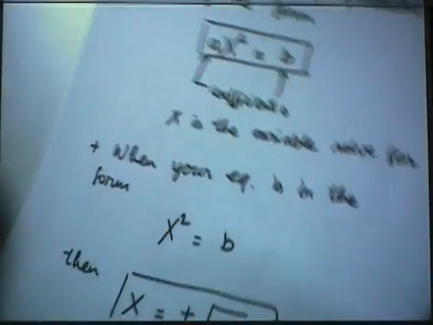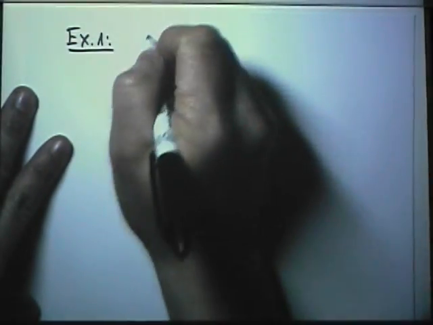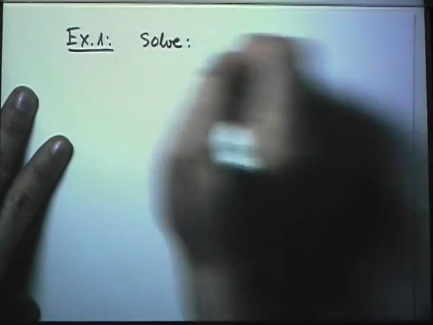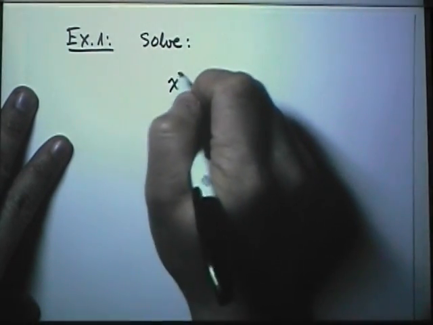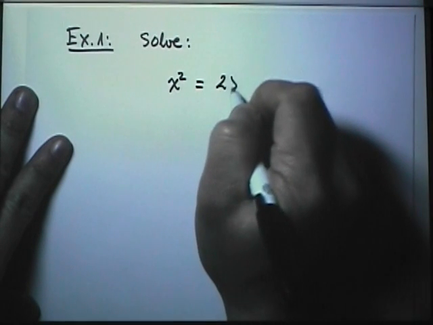Okay, so now I'm going to start looking at the first example, the first example of how to solve an equation using the square root property. Example 1: for simplicity, x squared equals 25.